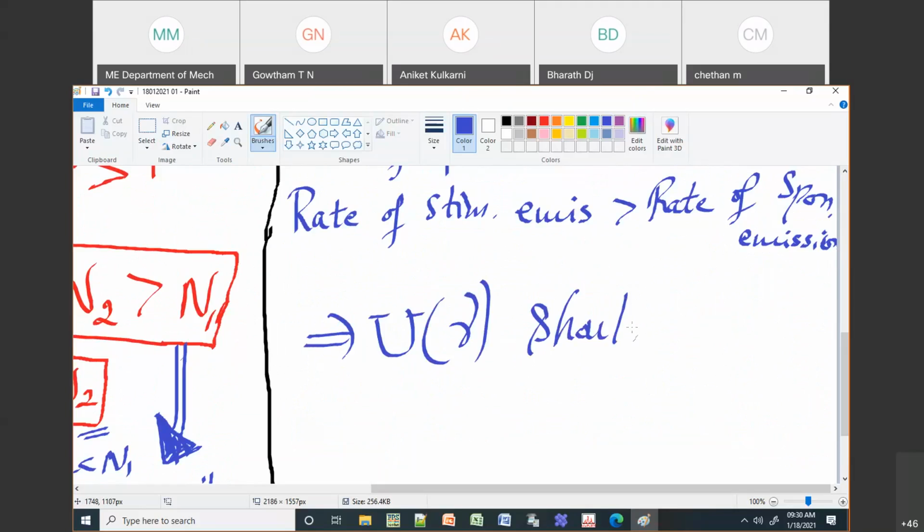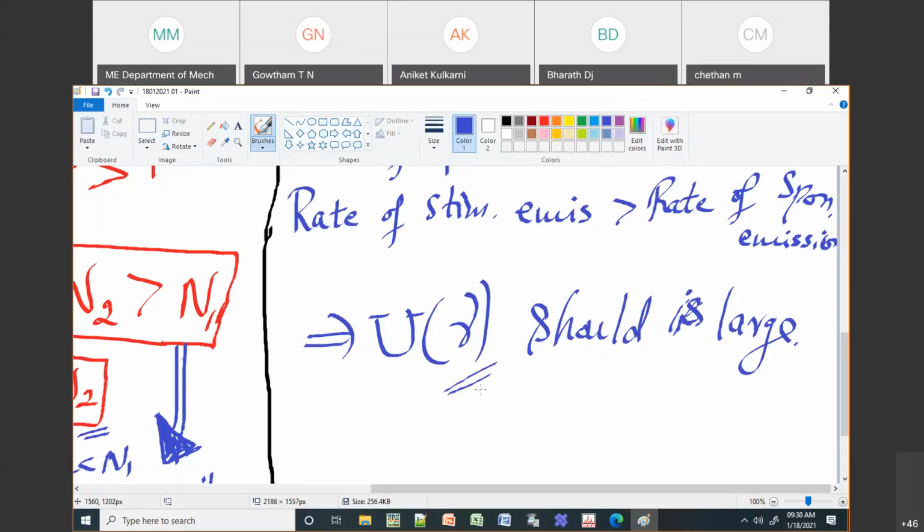What is the meaning of U of nu being large? What is U of nu? Energy density, sir. Energy density of your photons, or energy density of the system. Energy density is nothing but the external energy that you provide to the system.